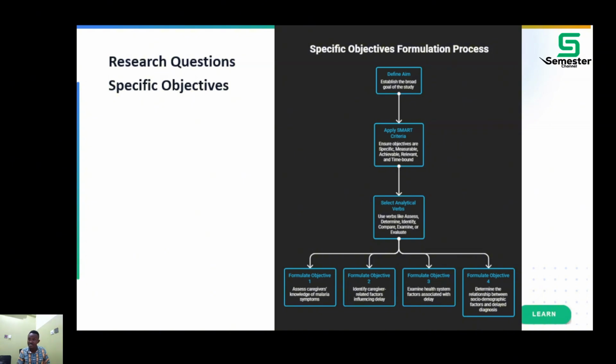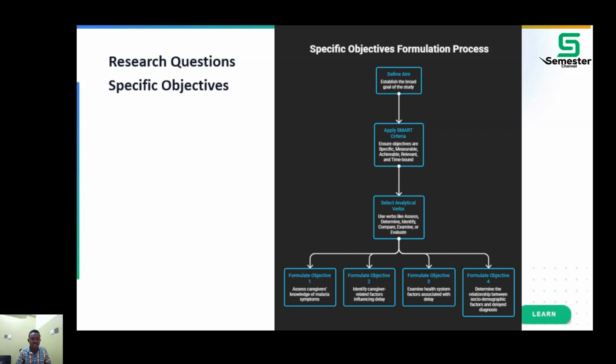In some instances, some institutions will require that you have your specific objectives and your research questions. Okay? Now, this is a twist. They are similar. One is a question and one is answering the question.